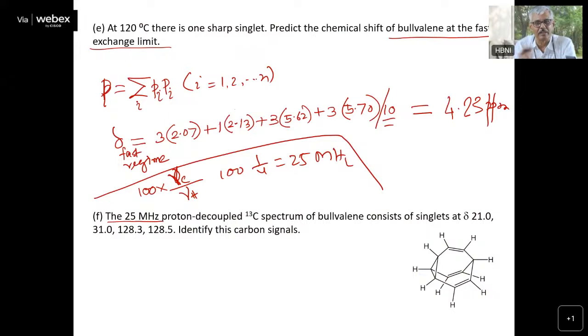I think that you have already heard, I have also told, as well as Professor Hosur has told, what you mean by broadband decoupling. Bullvalene consists of signals. So how many different groups of carbons are there? There will also be 4 groups of carbons.